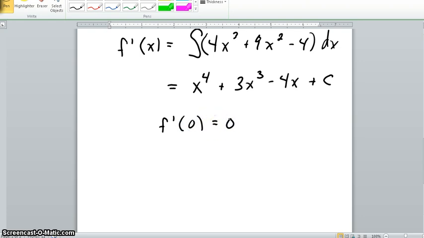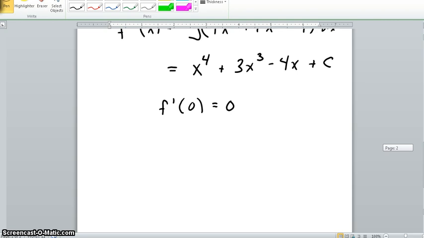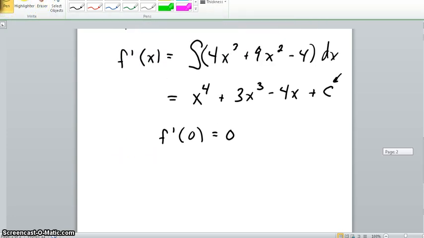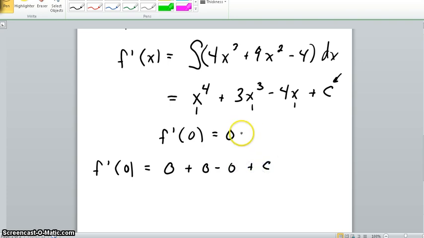F prime of 0 is 0, and so if I apply that to the first derivative that I've found, F prime at 0, that means I'm going to put 0 in for x in each place. So 0 plus 0 minus 0 plus c must be equal to 0.